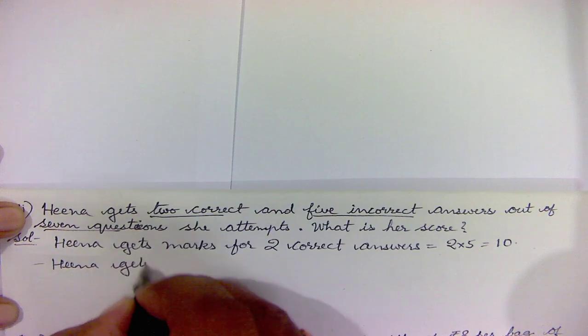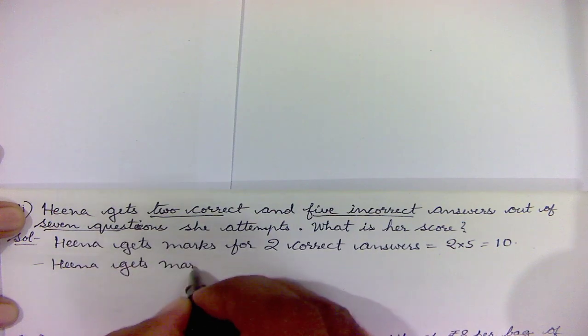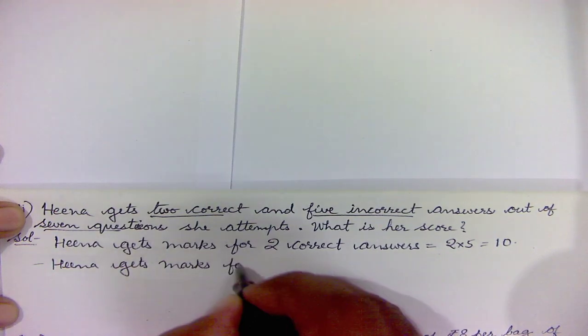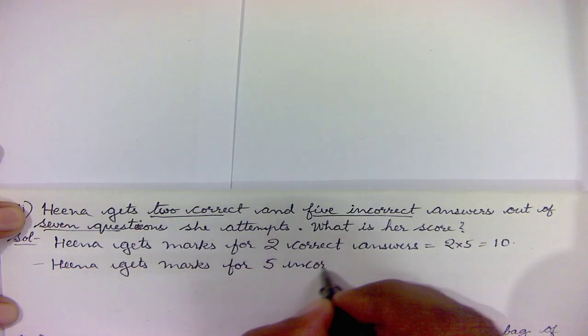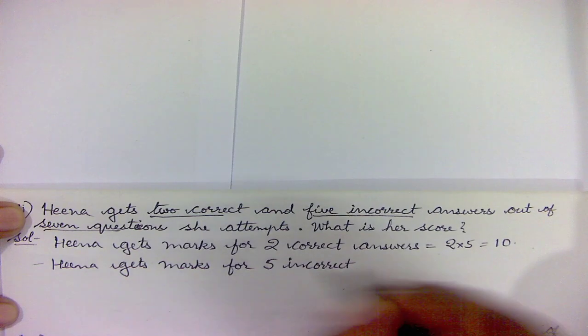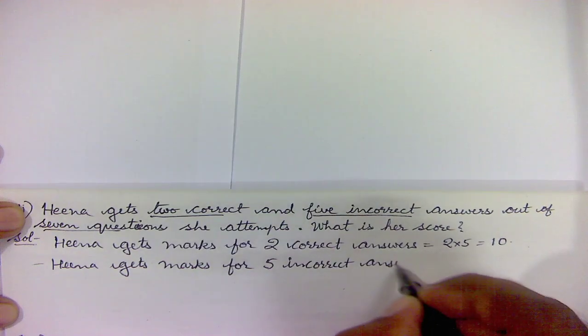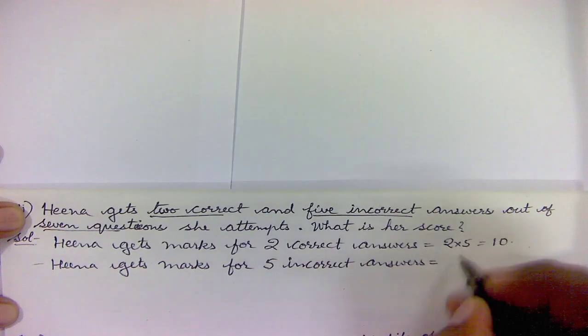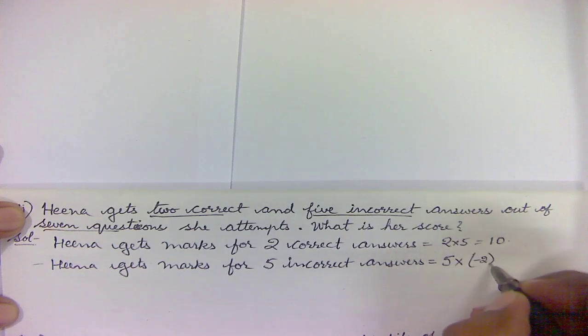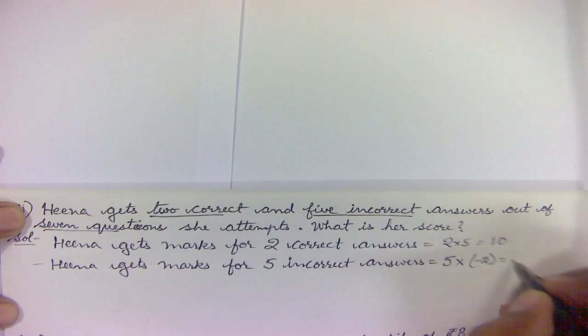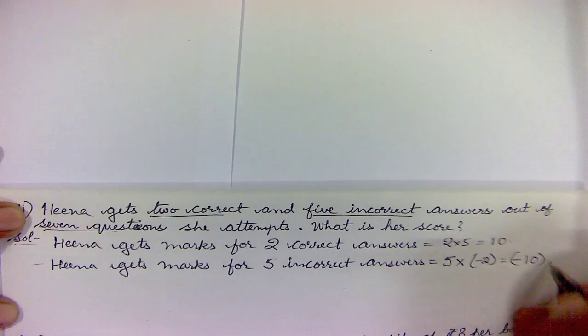Then Hina gets marks for 5 incorrect answers. So for 5 incorrect answers, 1 incorrect answer gives minus 2. So 5 incorrect answers, it will be minus 10.